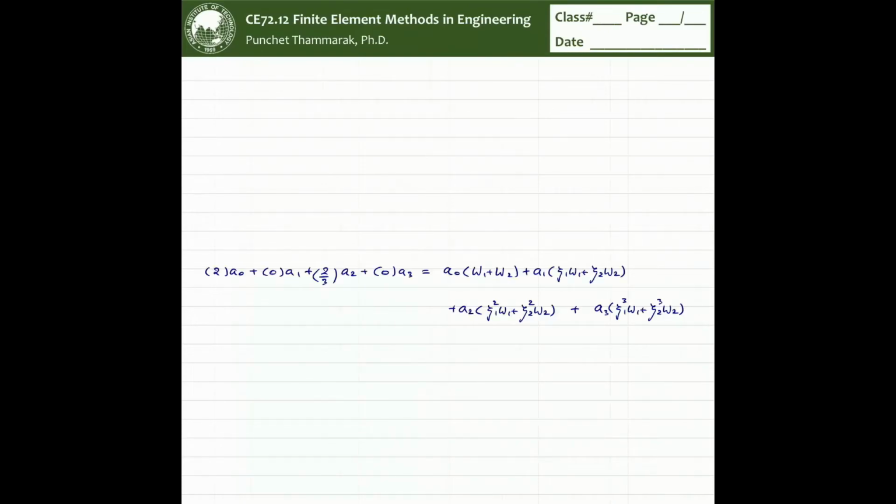So equate this up. 2 equals this one. 0 equals this term. Another 0 for this. Oh, sorry, not 0, 2/3. And 0 equals the last one.